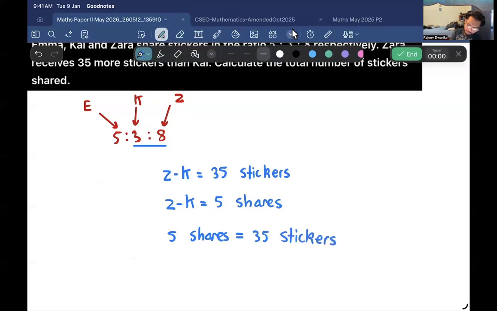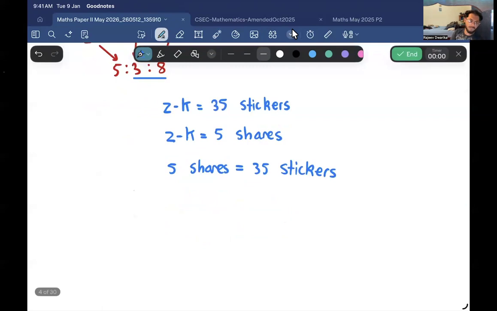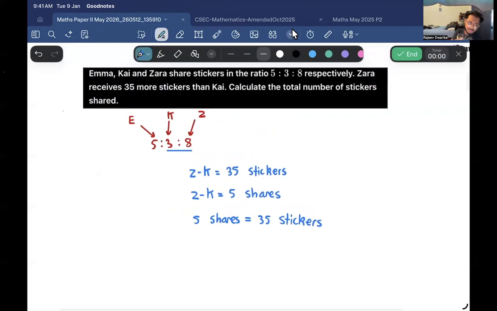What next? So for me to figure out the total number of stickers shared, I would first have to find for how much shares, Carla. Let's find for 1 share.